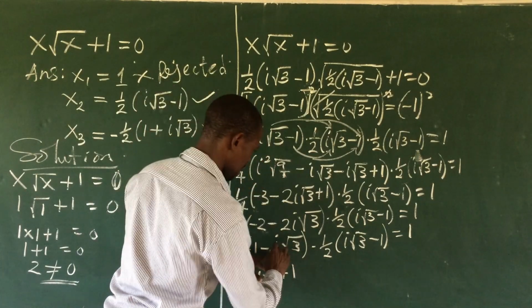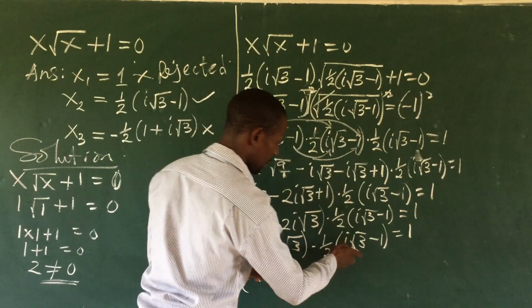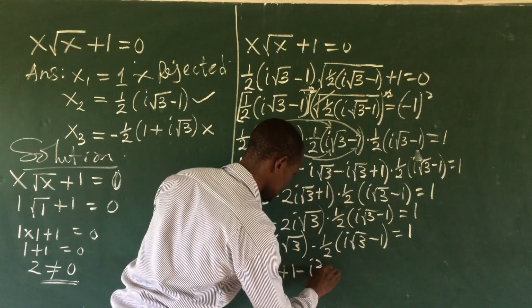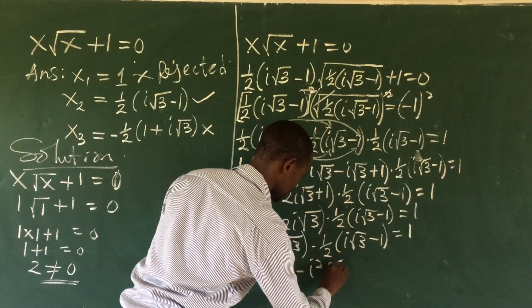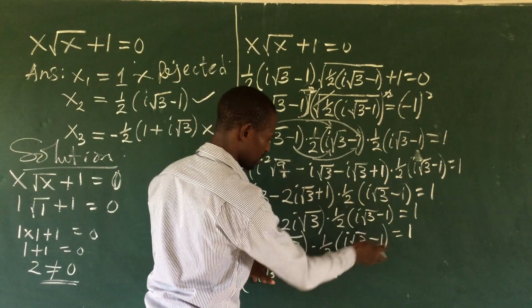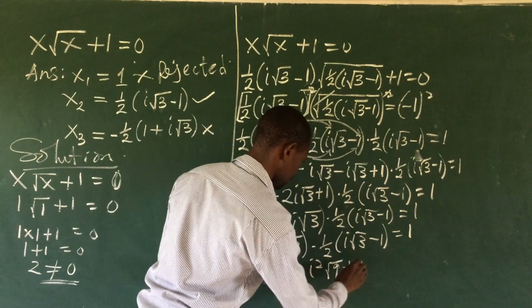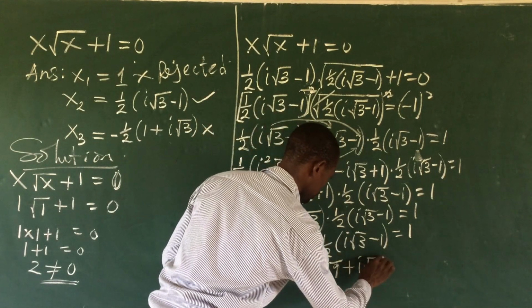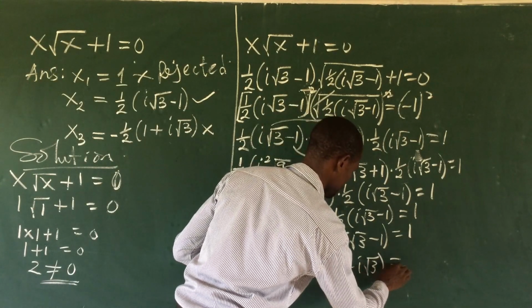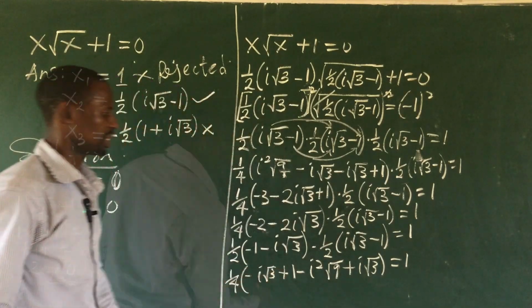We come to this side, minus i root 3 times plus i root 3 will give us minus i squared root 9. Then minus i root 3 times minus 1 will give us plus i root 3. Okay, close bracket, everything equal to 1.